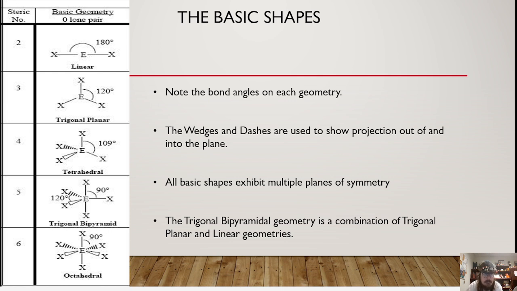So when we have 5 atoms total, 4 around a center atom, we have tetrahedral. Called tetrahedral because it makes the shape of a tetrahedron, essentially an equilateral triangular pyramid. Equilateral means each triangle face of this pyramid is the same shape.